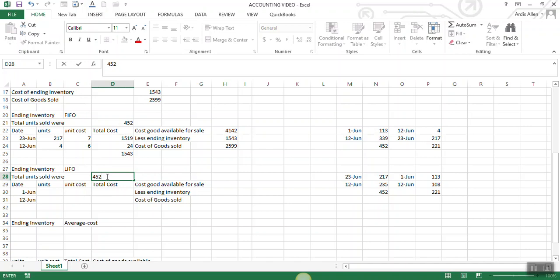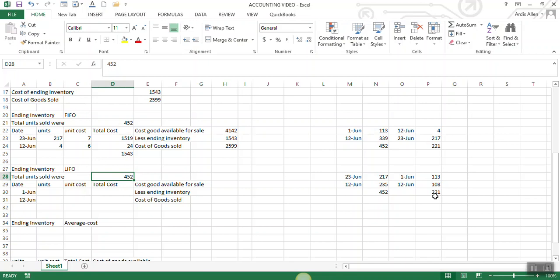We already know that the total units that were sold were 452. So on June 23rd, all those units that were purchased last, which is 217, would have been sold, and of the June 12th purchases, 235 would have been sold, which gives us a total of 452 units sold.